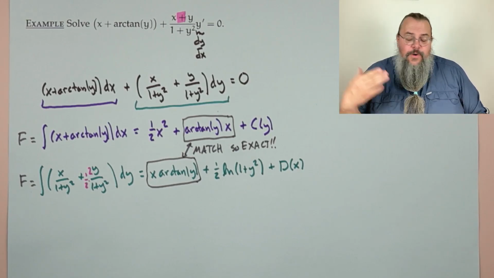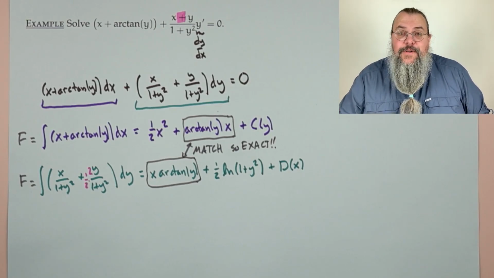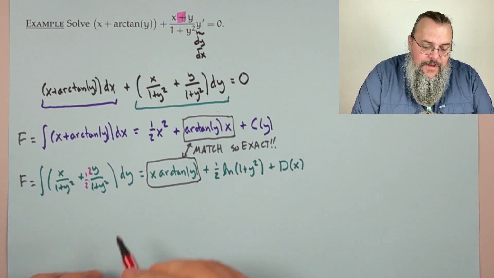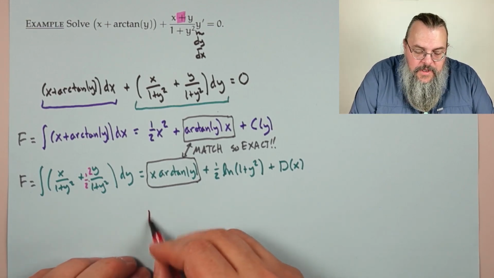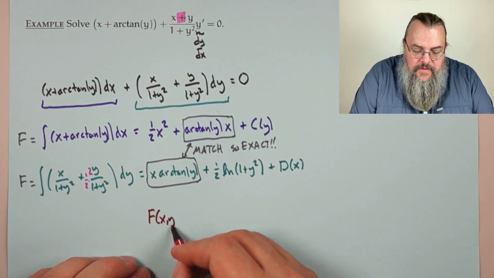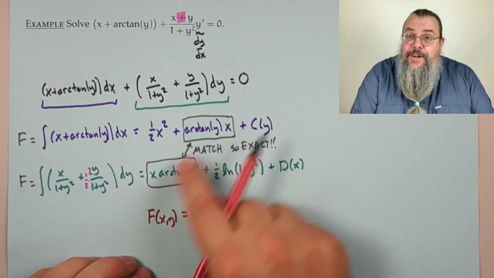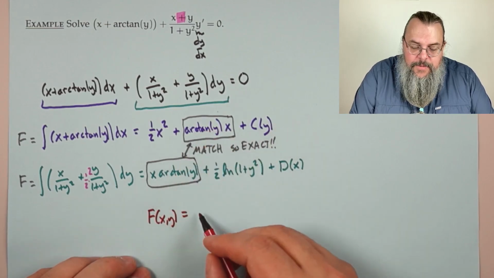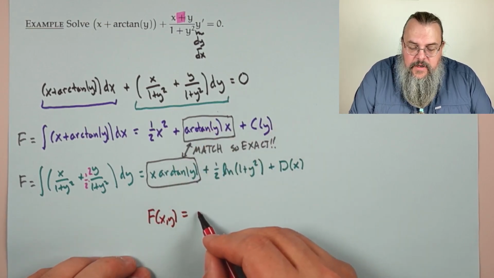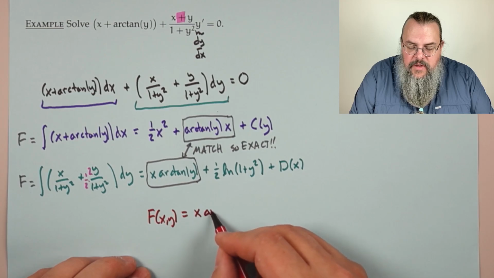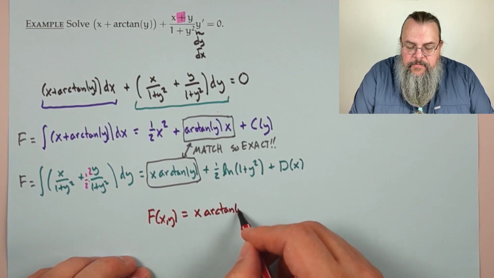All right, so what is our function capital F? Well, we need to say our function capital F is the overlap. We don't count it twice. We only need one copy of it. So that's going to be x times arctangent of y.